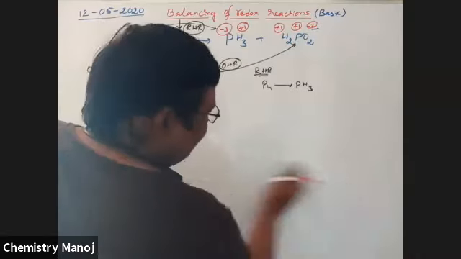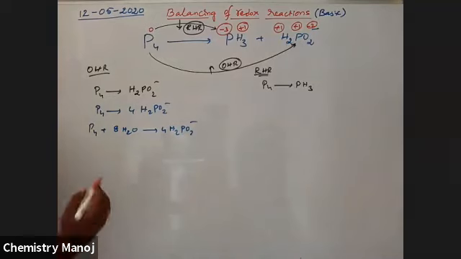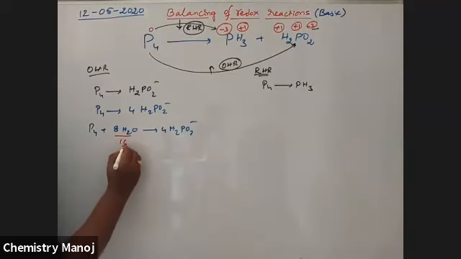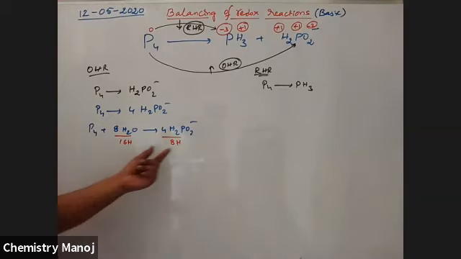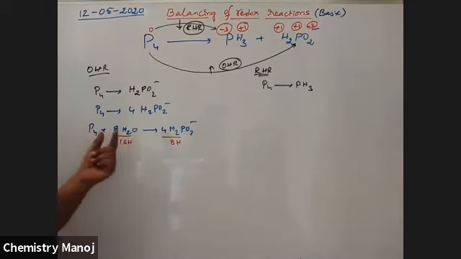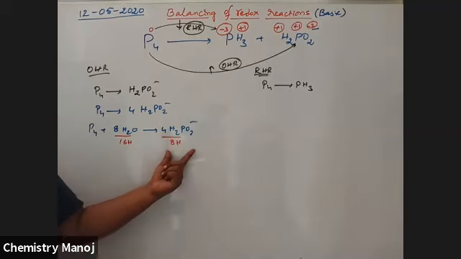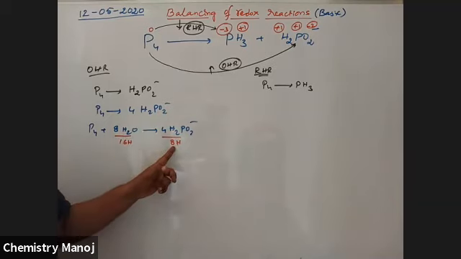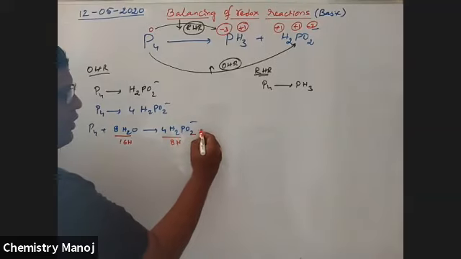Now, in our problem, I want to balance hydrogen. Counting: 8 to 16 hydrogens, 4 to 8 hydrogens. Where are hydrogens short? Right side. How many hydrogens are short? 8 hydrogens, because there are already 8, so one more 8 is required.